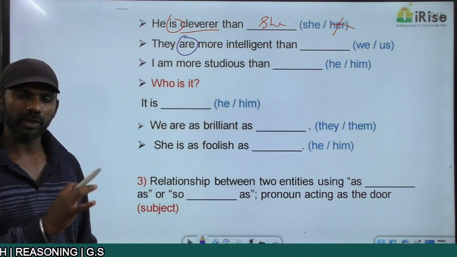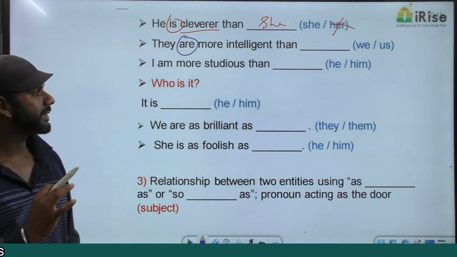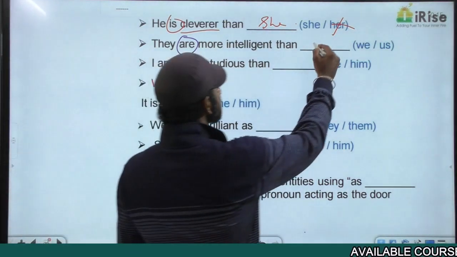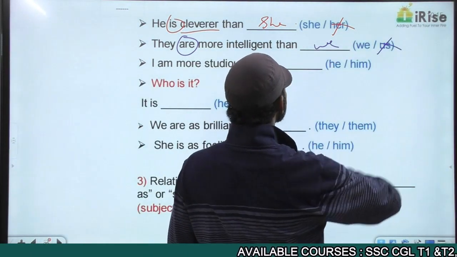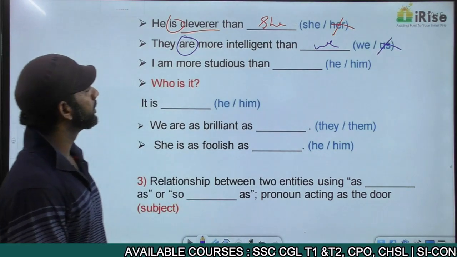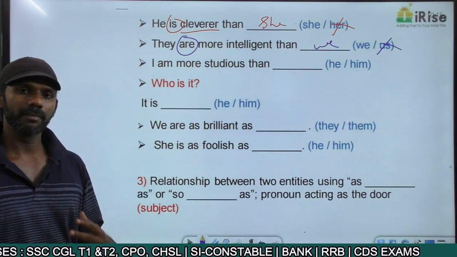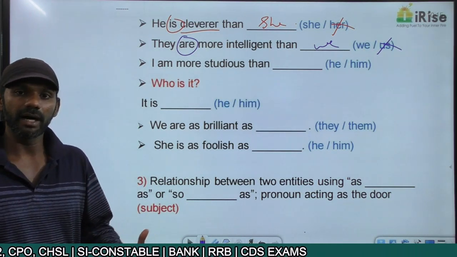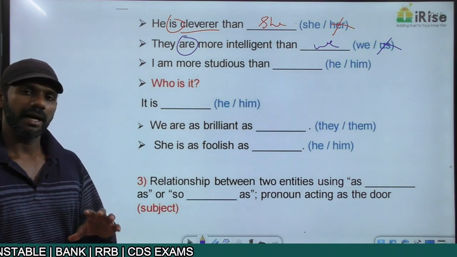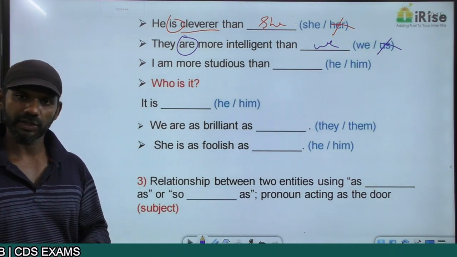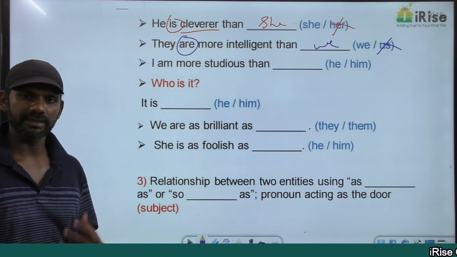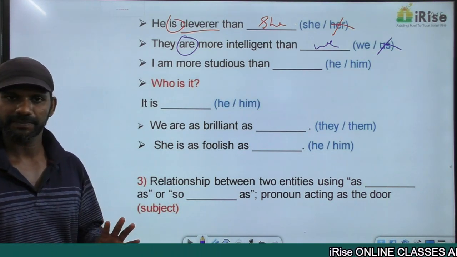So the pronoun must be in the subjective form. We is subjective, whereas us is objective. So the answer must be they are more intelligent than we. They are more intelligent than we are becomes an error with redundancy. "Are" is understood here. So they are more intelligent than we is fine.